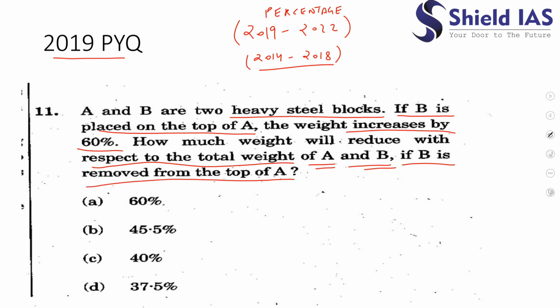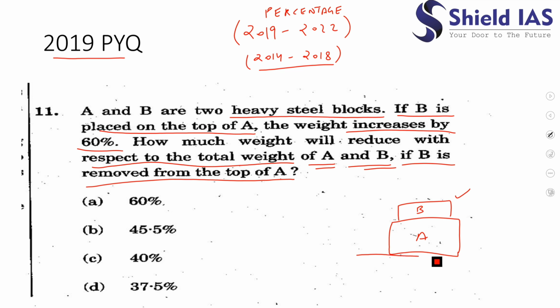So first of all, it is saying that A and B are two heavy steel blocks. So let this be block A, and this be block B. If B is placed on the top of A, the weight increases by 60%.